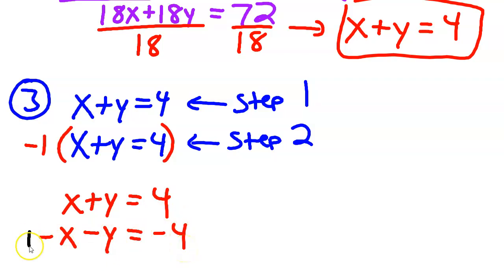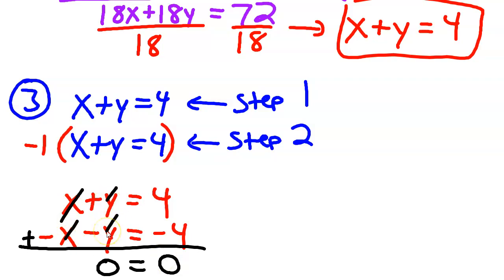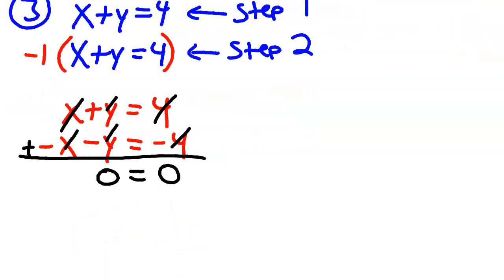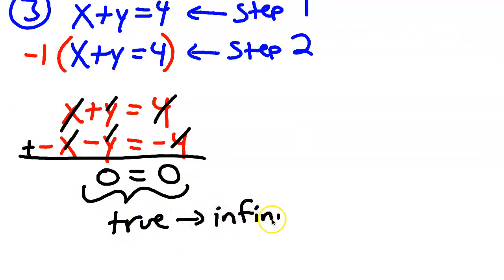And when I add these two equations together, everything cancels out. Not just the x's, not just the y's. The 4 does too, right? So I get 0 equals 0, and this is what I warned you about in the previous problem. This is true, which means we have infinitely many solutions.